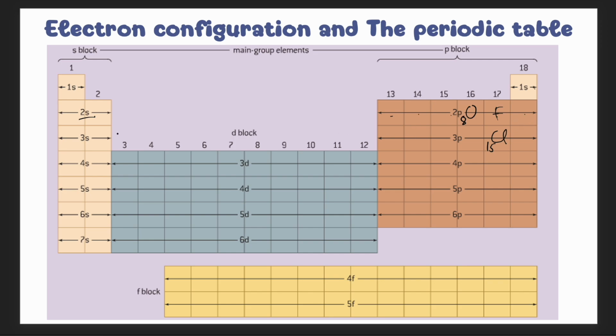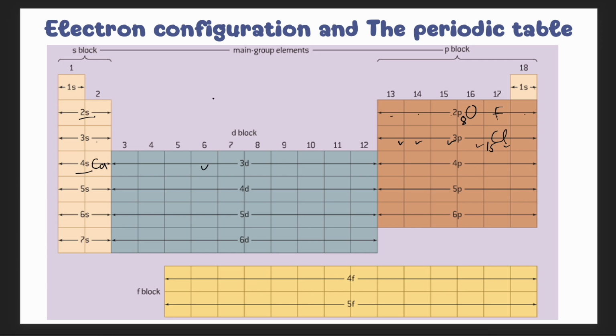Then we go to the third period, 3s2, and then 3p, 1 2 3 4 5, 3p5. In the case of calcium, we just need to add 3p6 4s2. In case of this one or this one, then we need to add 3d. For example, here we need to add 3d4 after 4s2.